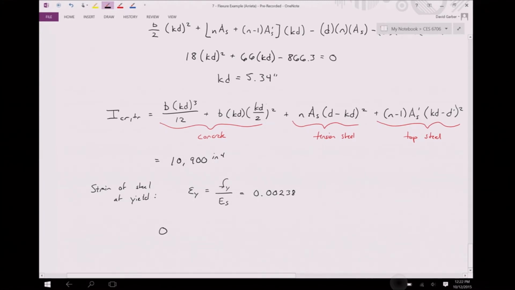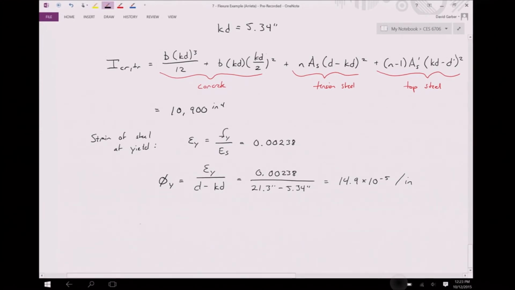So our yield curvature will then be just our yield strain over D minus KD. So this will be our yield strain over D minus KD, which was 5.34. So this will give us 14.9 times 10 to the negative fifth radians per inch.